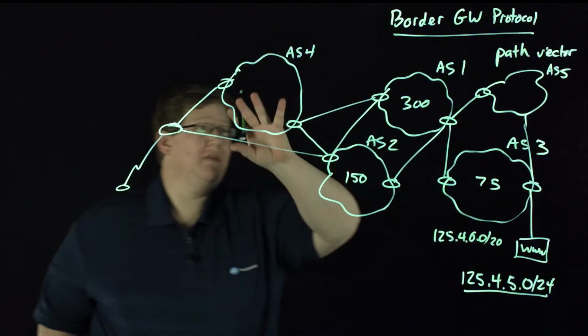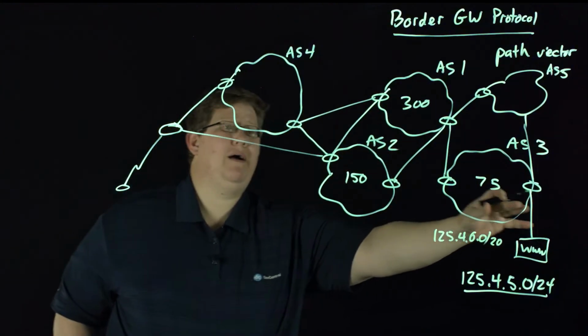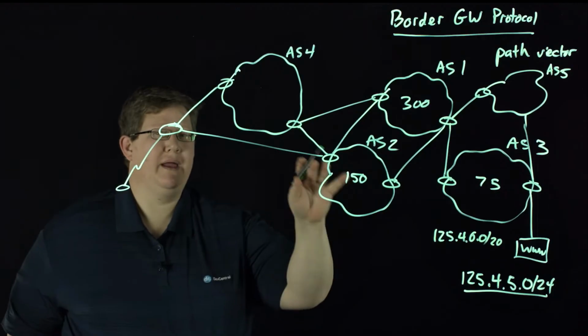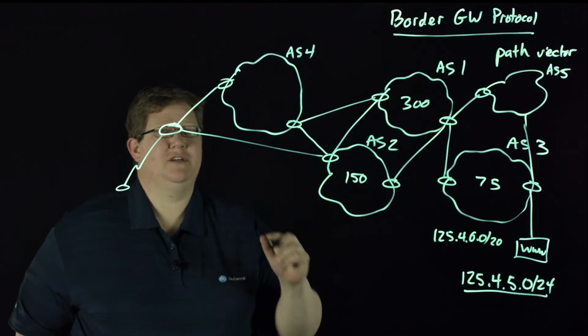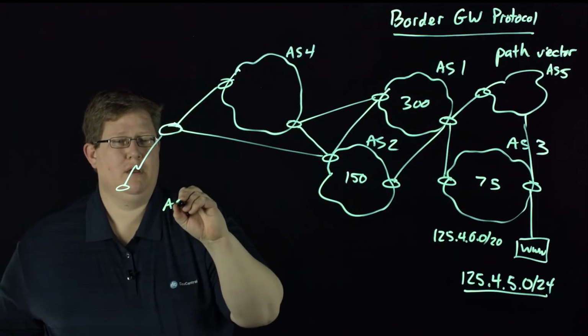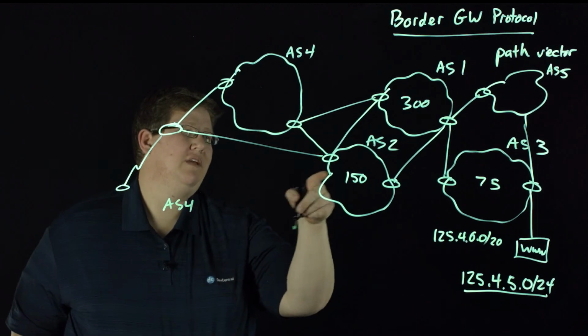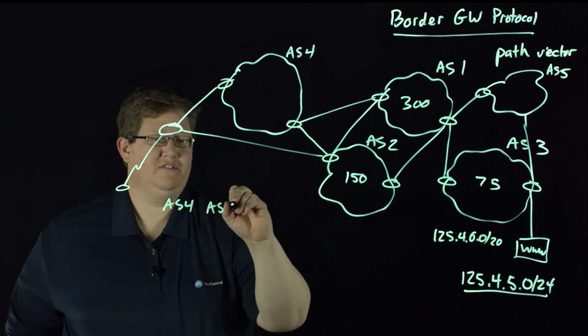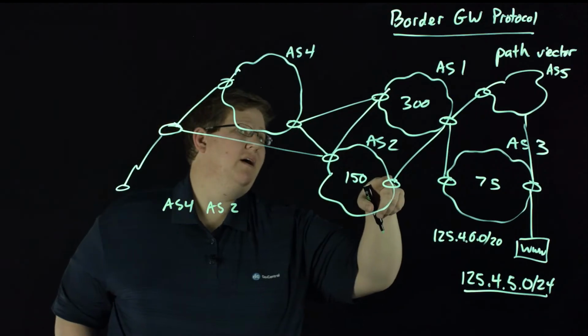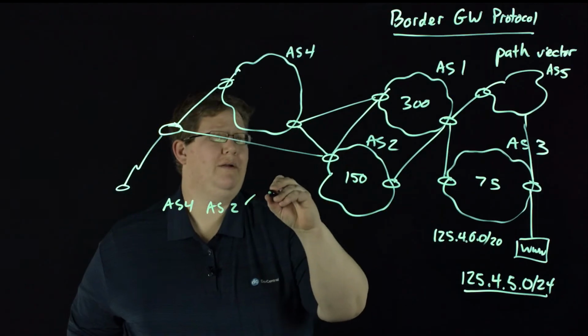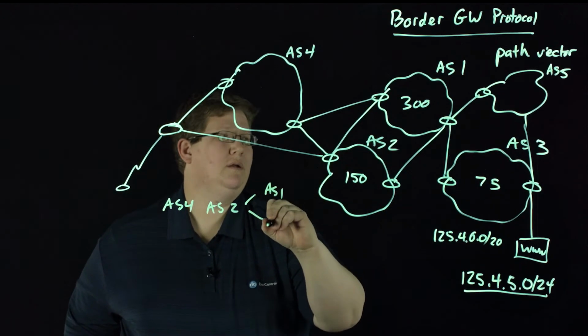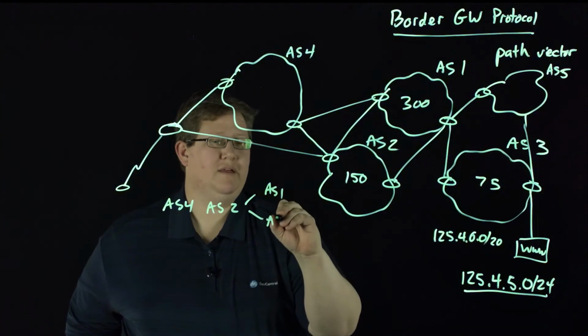But as we look at the path to this route, because of all my different connections, I get that from AS4 via AS2 via, then splits out AS1 and AS3.